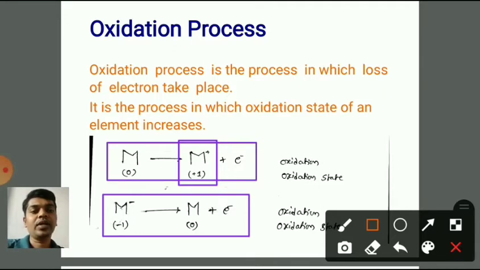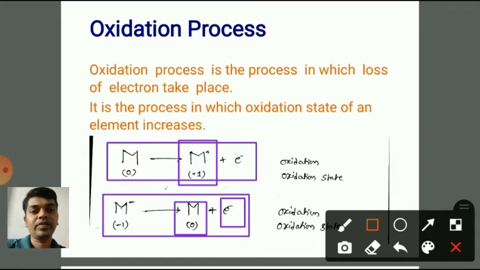After the oxidation process, one electron from M minus is removed. After removal of this electron from M minus, the newly formed species is a neutral one, that is M, and its oxidation state is 0. In both the examples, if you see, the oxidation state increases by 1 after removal of one electron.